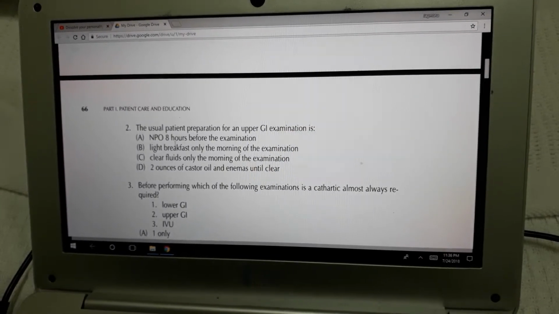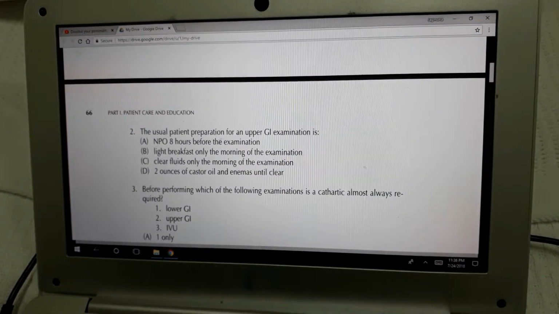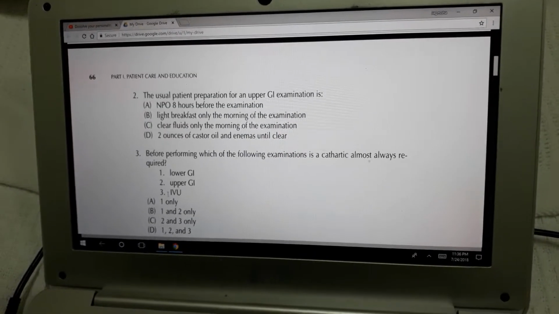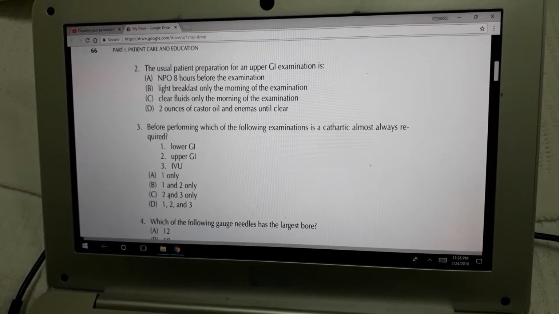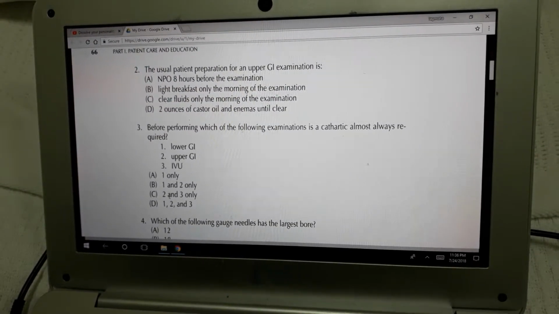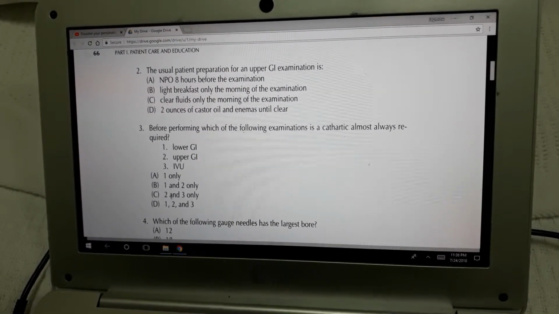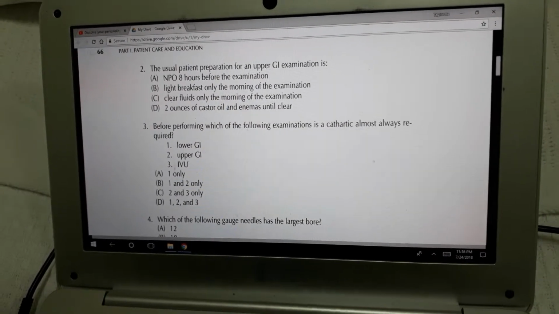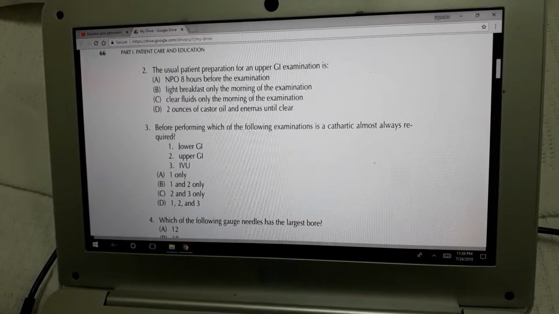For a GI examination, NPO 8 hours before the examination. This is the answer. Before performing which of the following examinations is a catheter almost always required? The answer is lower GI.